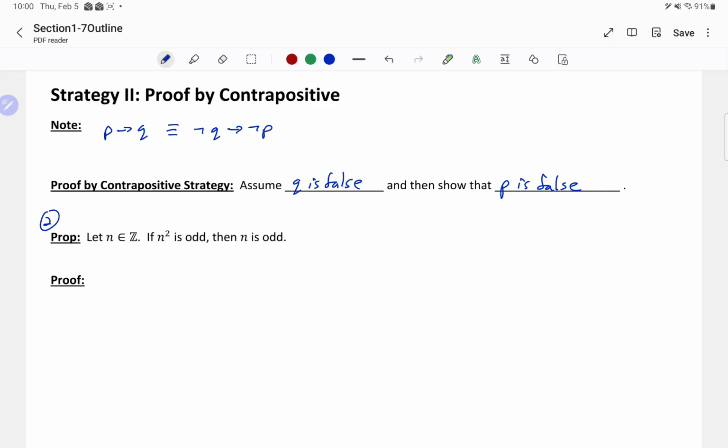Now this, you could try to do a direct proof with, but it gets a little bit messy. I'd encourage you to try to see if you can find a direct proof for this. But P is going to be the statement n squared is odd, then n must be odd. So P implies Q.